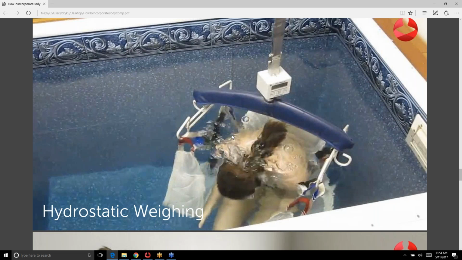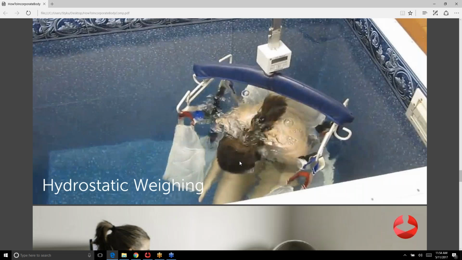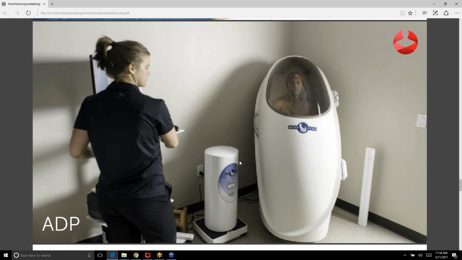Again, the idea is around volume and measuring displacement, and doing a hydrostatic weighing, we can get a good sense of body density. And then once we know body density, we typically know how dense fat is and then how dense muscle is. So based on your body density, we can kind of understand the proportion of body fat to lean mass, right? And it's also a very accurate method when done correctly. And the water is nice and warm.